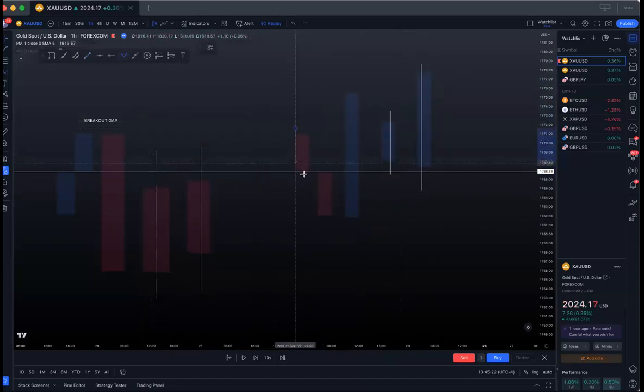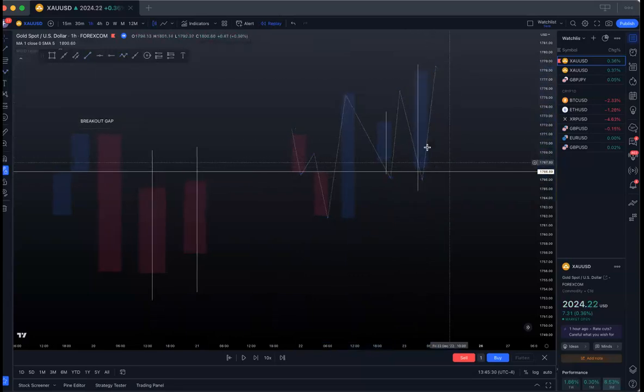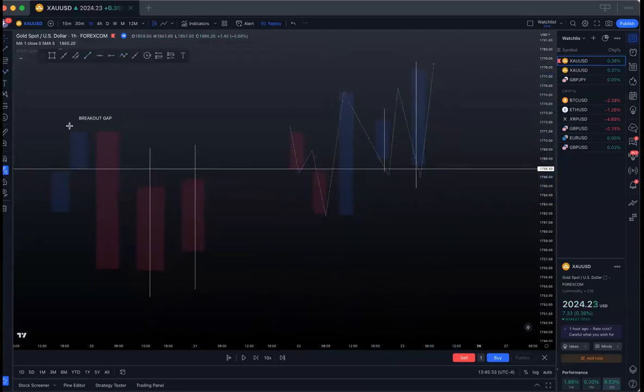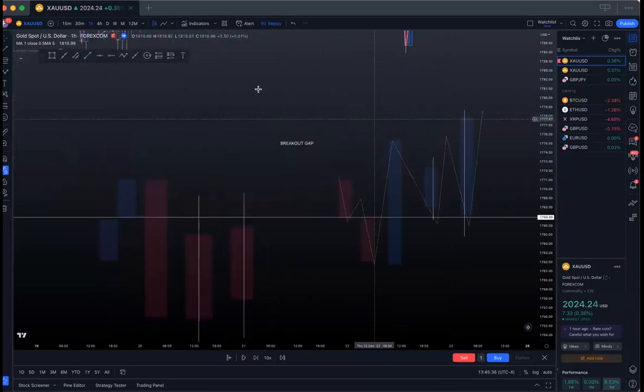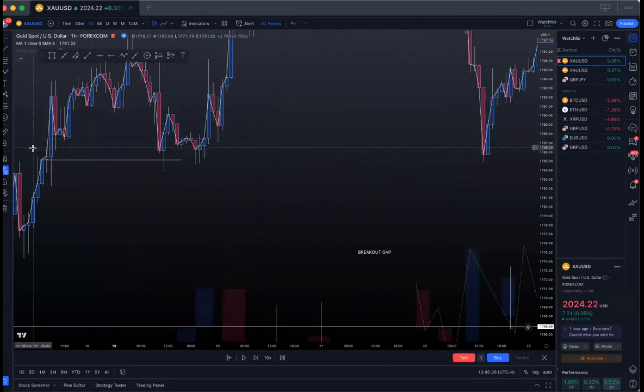So you have open and close, breakout, test, test, entry comes here. This is called the breakout gap. I love breakout gaps. They're one of my favorites in this whole system. They're very powerful.